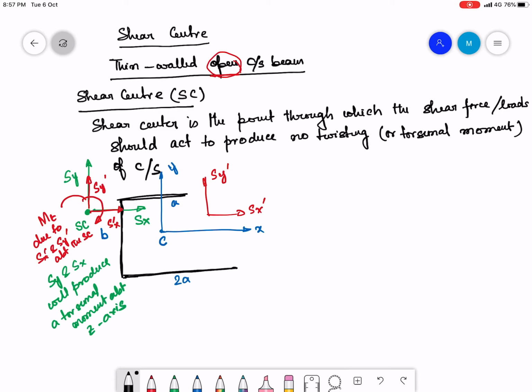Any shear load can be represented by a shear load through the shear center and a torque.